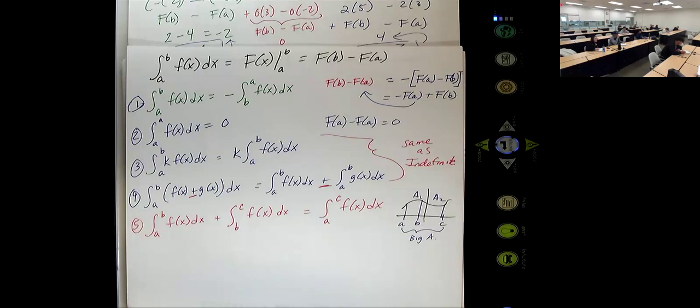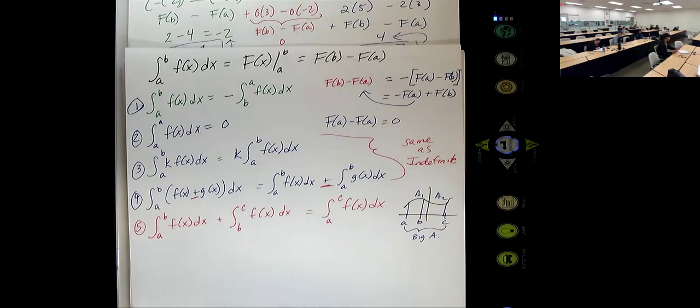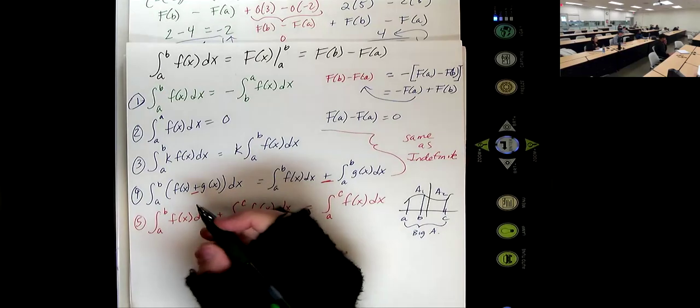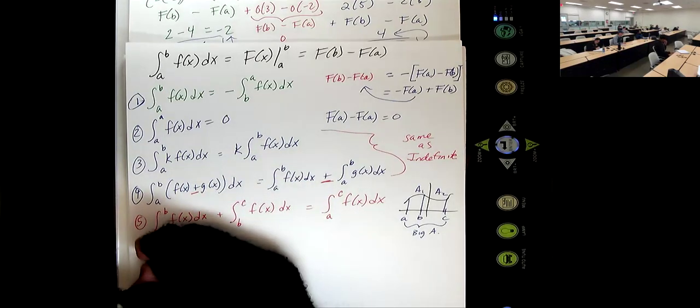The following two are, in my mind, not that helpful in terms of applicable uses, like engineering uses. I'm sure there are some examples where they pop up. One of them is called the max-min inequality.